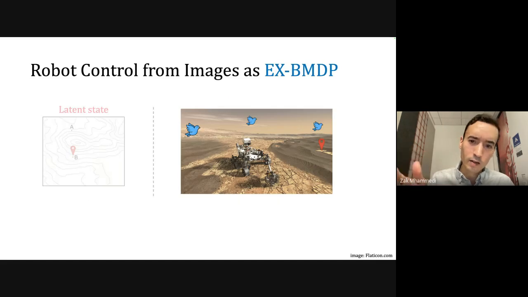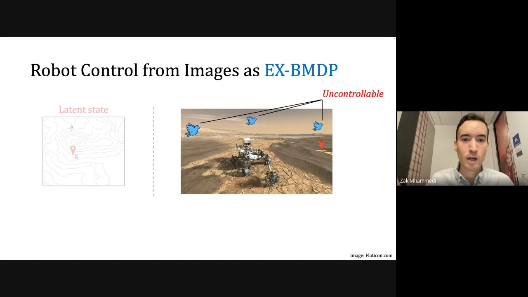What I just described was actually just a block MDP, but an exogenous block MDP also accounts for exogenous variables, like objects moving in the background that aren't affected by the agent's actions. In this example, you could have birds moving. Although these variables aren't influenced by the agent's actions, they still create a major challenge when it comes to learning the policy because they are part of the observations.